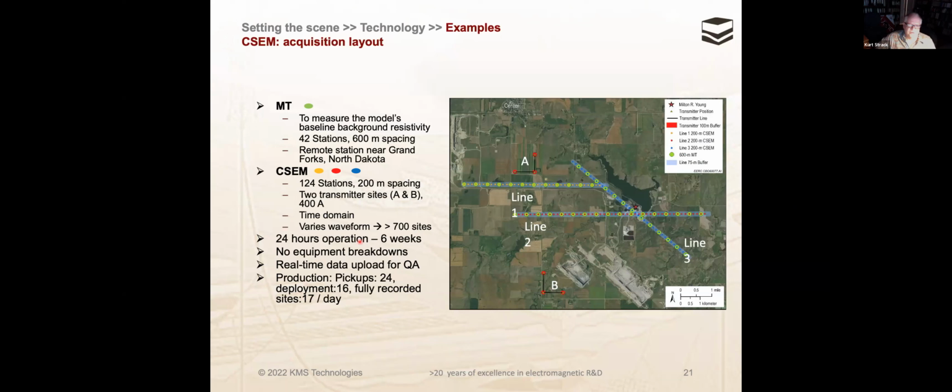The operation was 24 hours a day, 6 weeks continuously. I was quite pleased that we had no equipment breakdowns, operational issues like the generator running out of gas or diesel, or swapping the generator with a spare one. Essentially our equipment didn't break down.